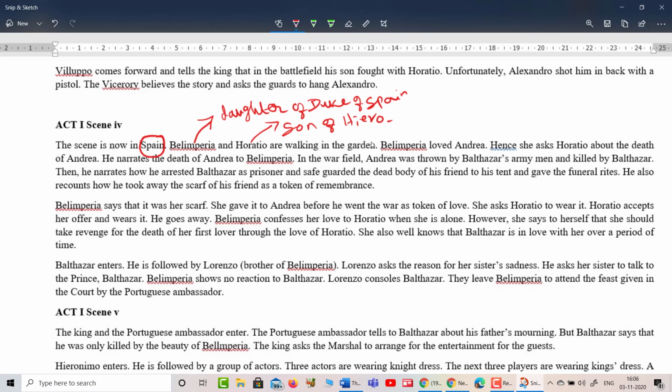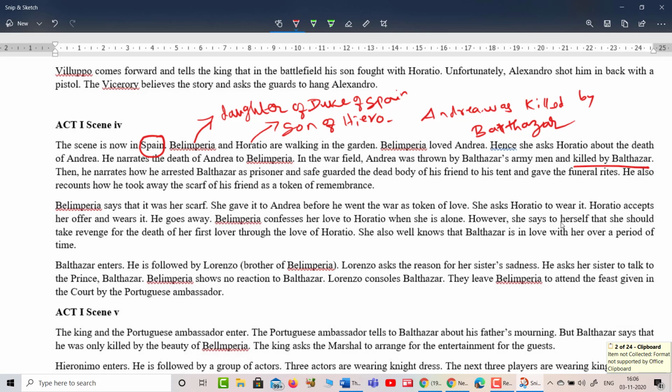Andrea was thrown by Balthazar's army men and killed by Balthazar. So he was killed by Balthazar.